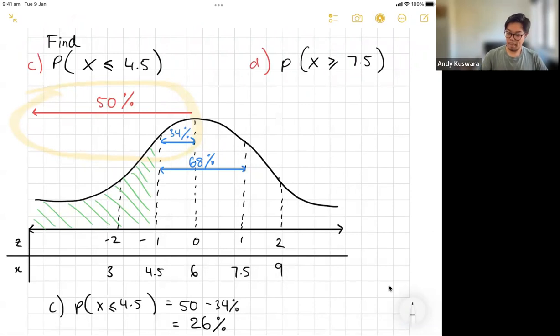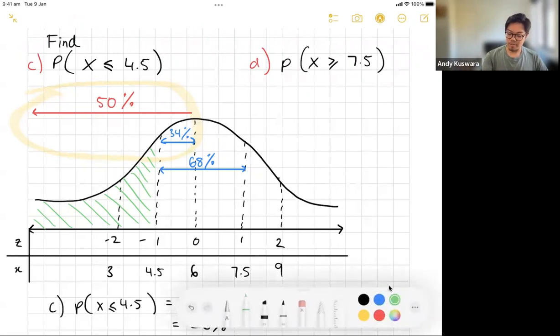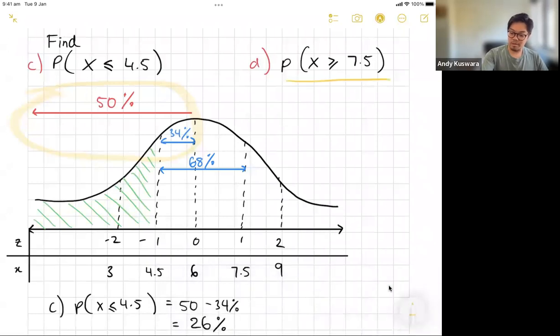Now for the next one, I chose this one particularly as well, that it's greater than or equal to 7.5. This is my 7.5, and that means I'm looking for anything that's over 1 standard deviation. I know I haven't drawn it perfectly, but they should be the same either side because it's a symmetrical normal curve.